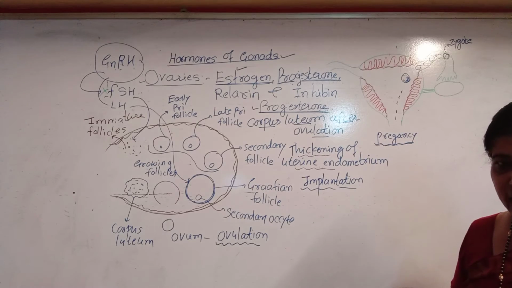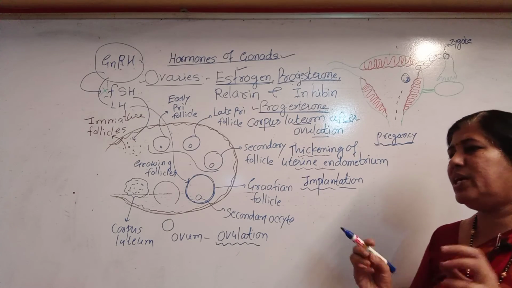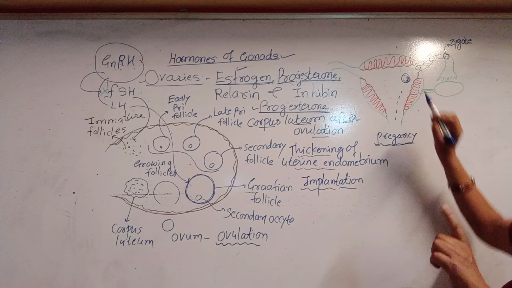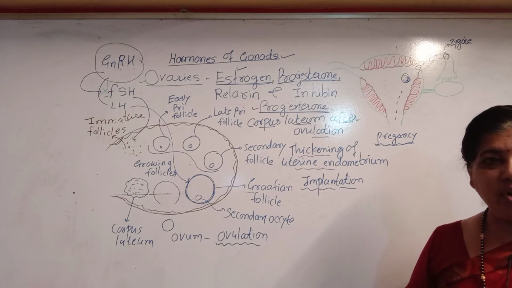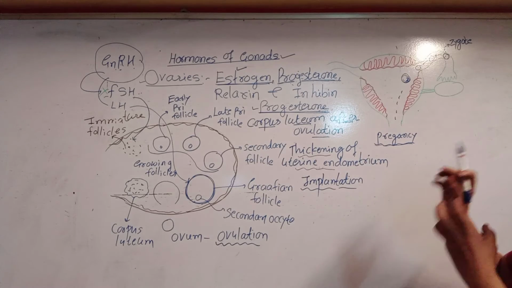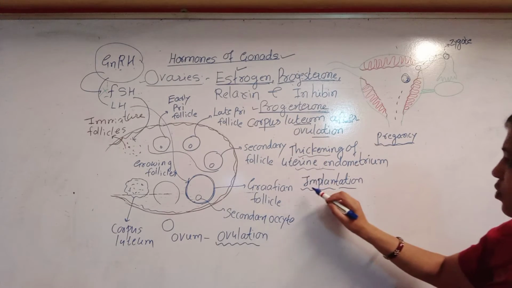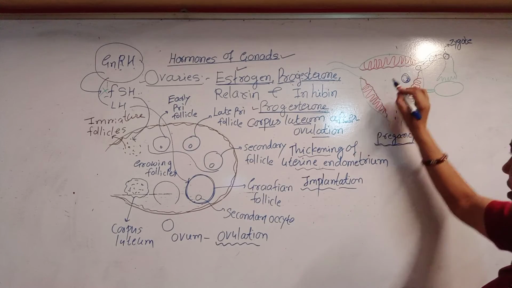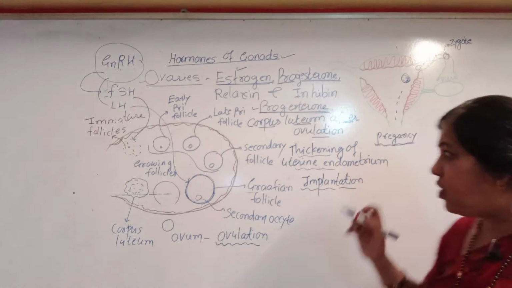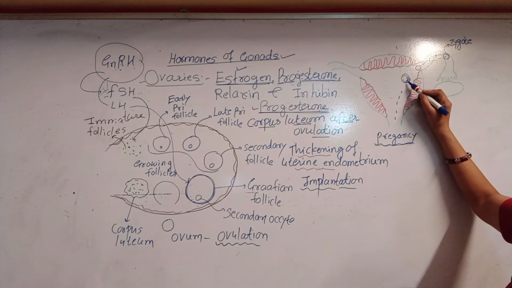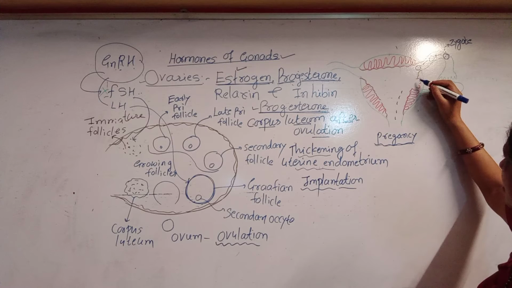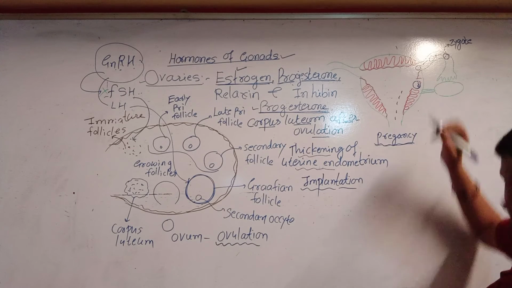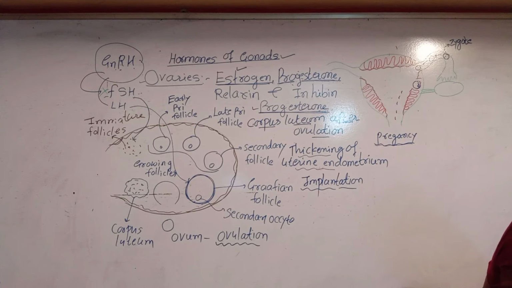The blastocyst is then ready for implantation, and before that, the progesterone hormone prepares the endometrium for implantation of this stage. Then the blastocyst sinks down into the uterine endometrium, and this is called implantation.